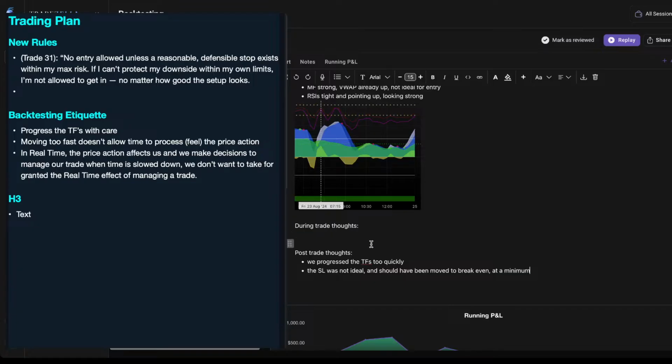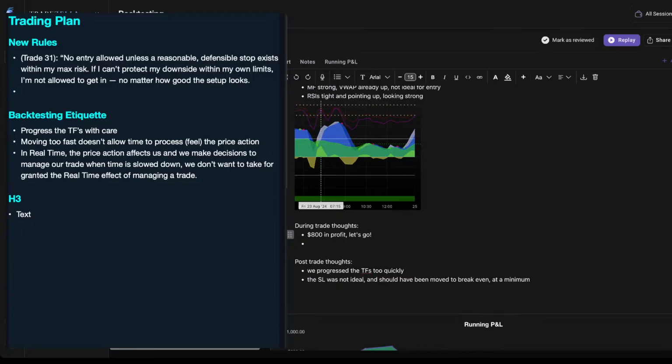That was definitely a move stop to break even kind of trade. We got excited.